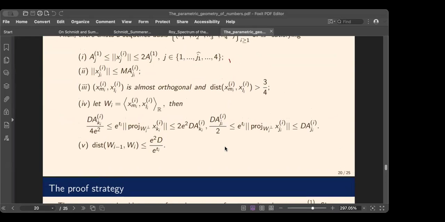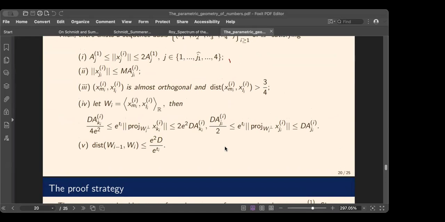This projection is bounded by some constant times AKI, and we need the projection of xgi to the subspace bounded by AGI.